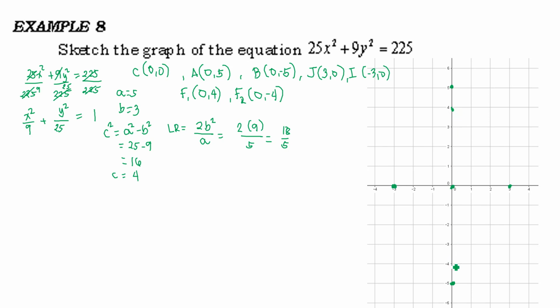Okay, so since this is 18 over 5, half of this is approximately 1.8. So dito, almost 2 siya. So nandito siya. Tapos dito naman siya. Here. Then we can now sketch the graph.